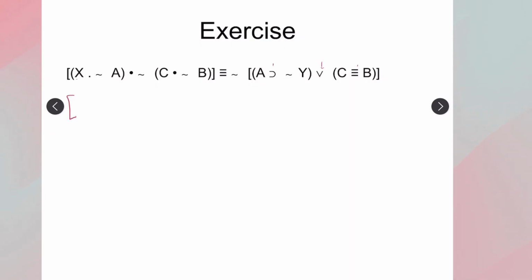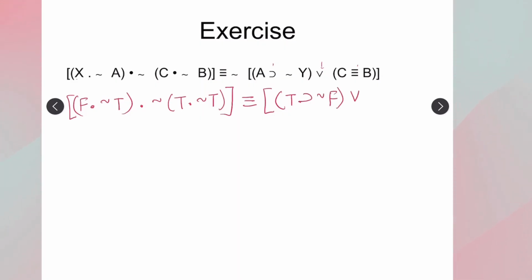We have X's value is false, dot negation of A which is true, bracket close, negation C's value again will be true, dot negation of T. And then we have tri-bar, E's value is T, dot horseshoe, negation of false, wedge, and then again we have C which is true, and again B which is again true. Now let's solve it.